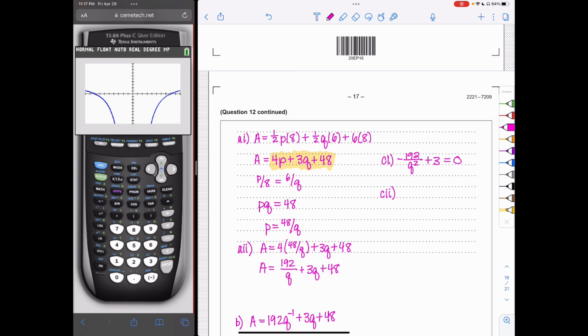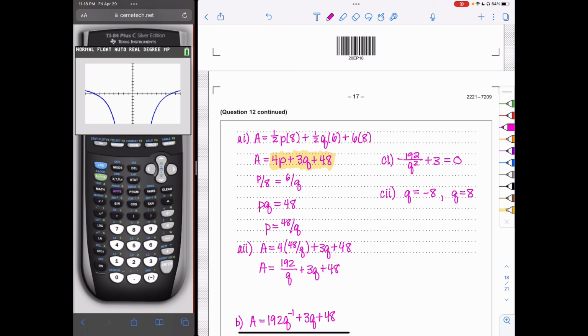When I have this equal to 0, I already know from this equation that Q has to be equal to -8 or Q has to be equal to +8.